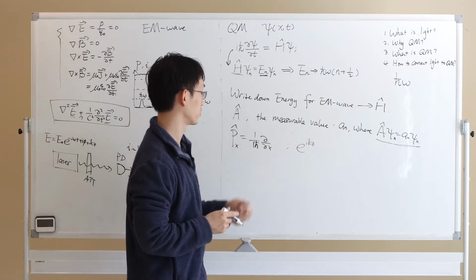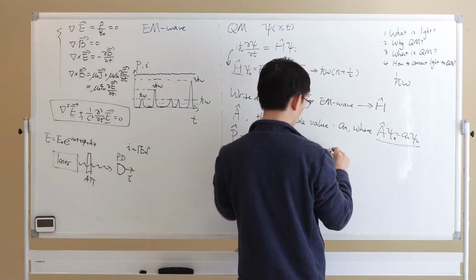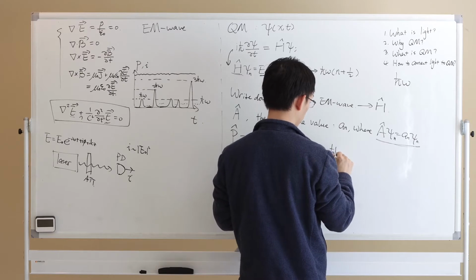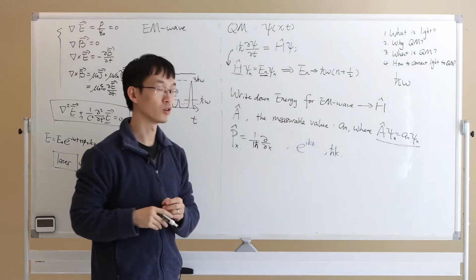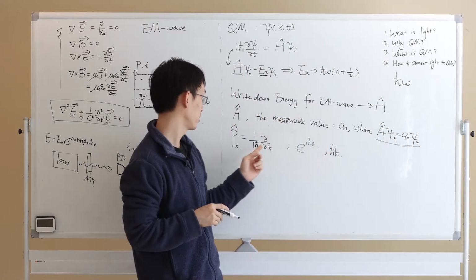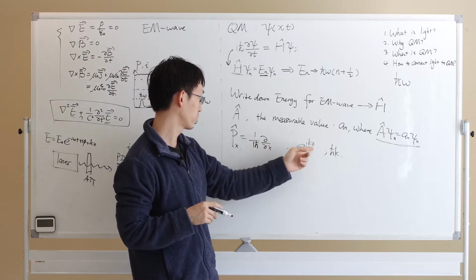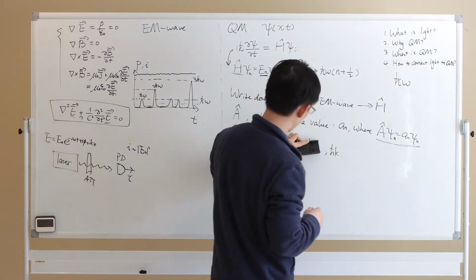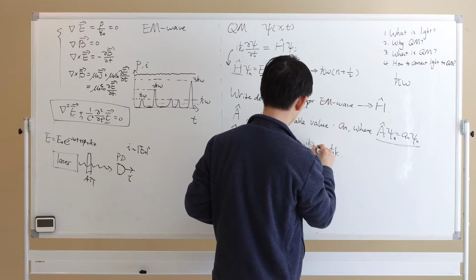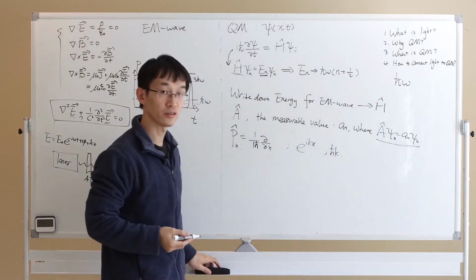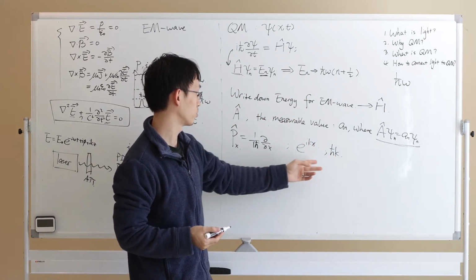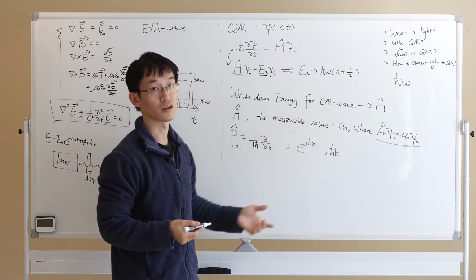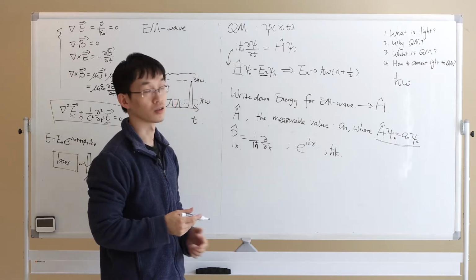If you accept the idea that ħk is momentum, then when you apply this derivative, what shows up in front is ħk, the momentum. So we call this the momentum operator.